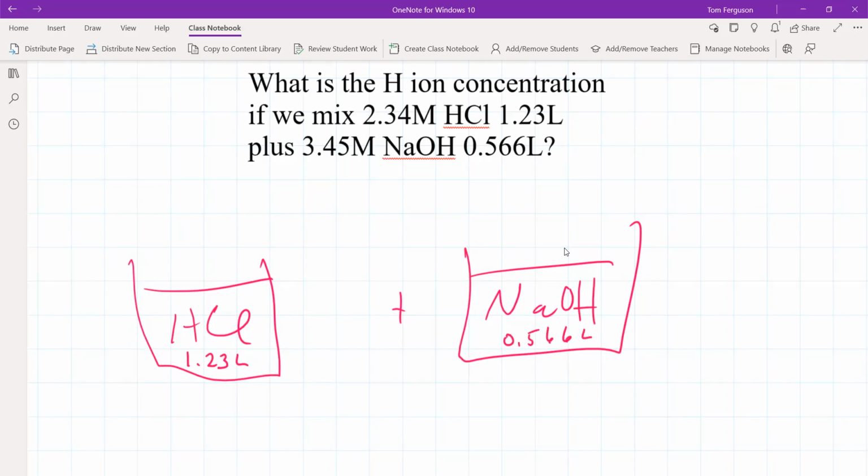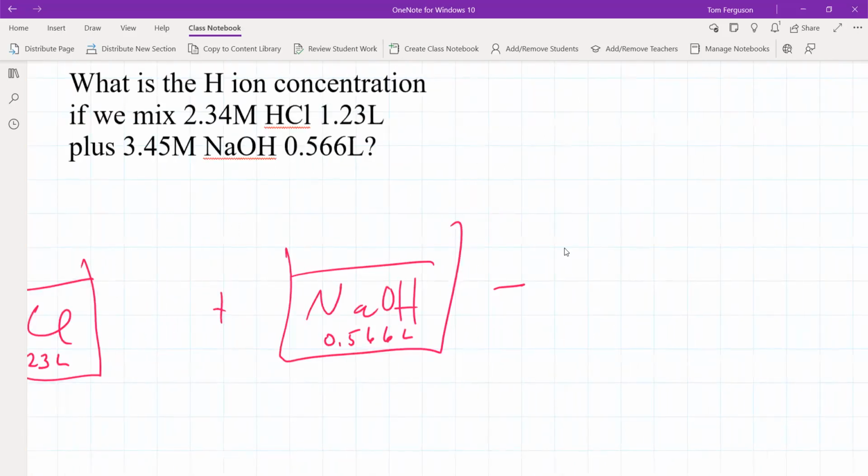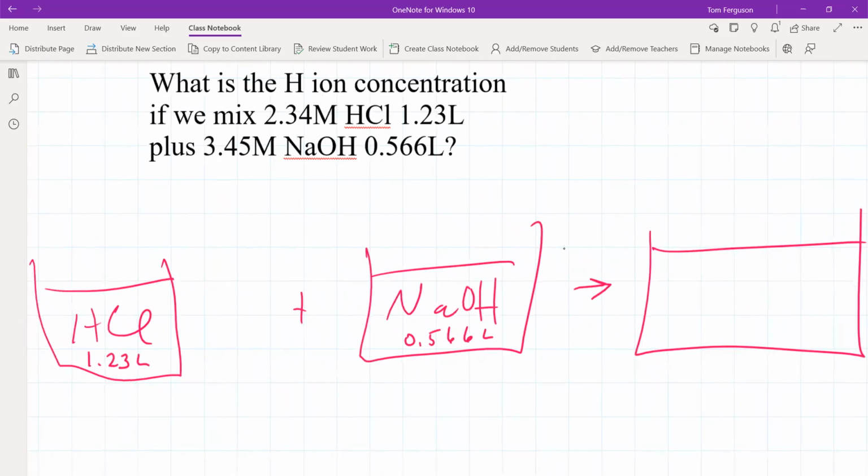So we have 1.23 liters of HCl and 0.566 liters of sodium hydroxide. We dump these two together. What's our new volume? How do we get that? Well, we have 1.23 liters dumping into 0.566 liters, so together we have to add them together.